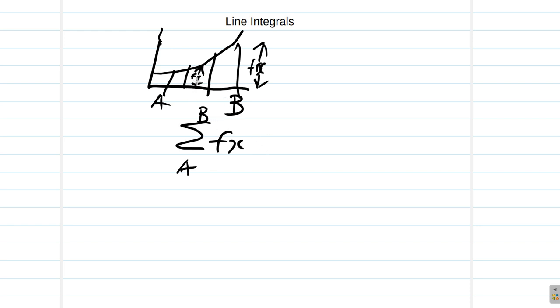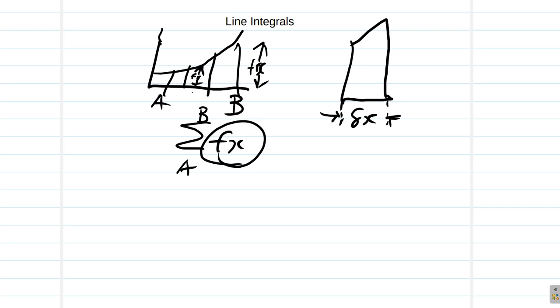Multiply by, so it's height times width. And the width of each trapezium, you remember, was delta x, right? So this is the height, f of x, what we call y, times the width delta x. But then you make the trapezium smaller and smaller.